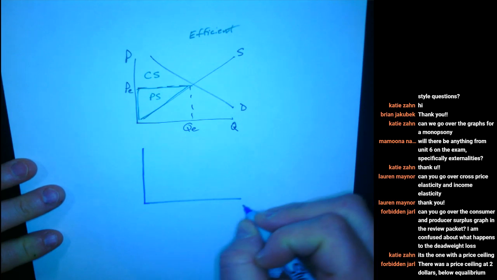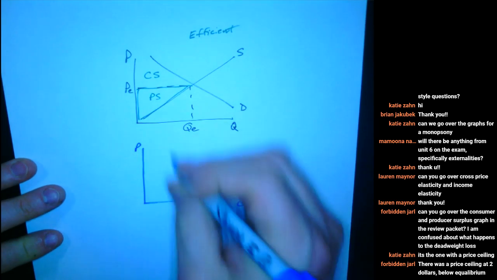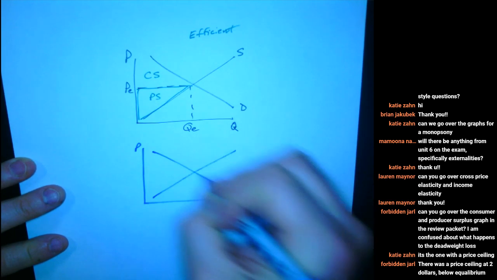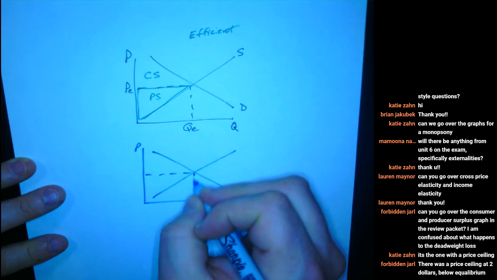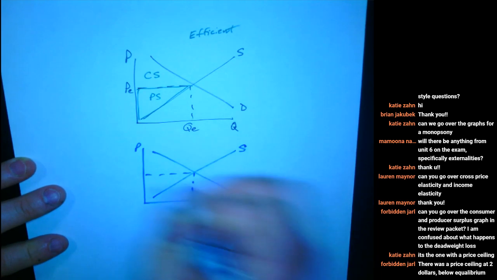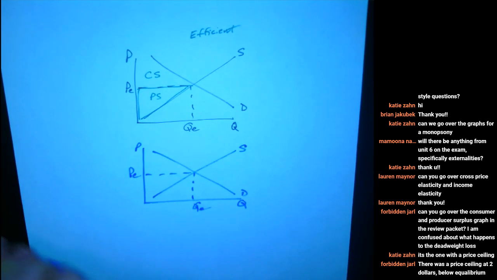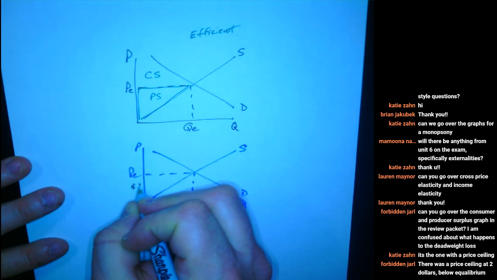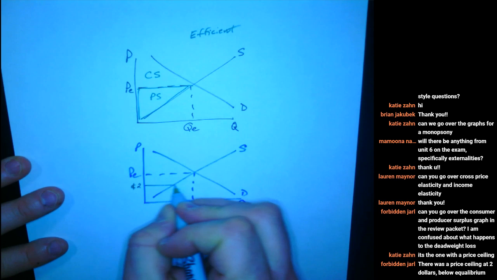So it's below equilibrium. All right, I'll draw that out. Supply, demand, QE, and PE. So let's say there's a price ceiling at $2.